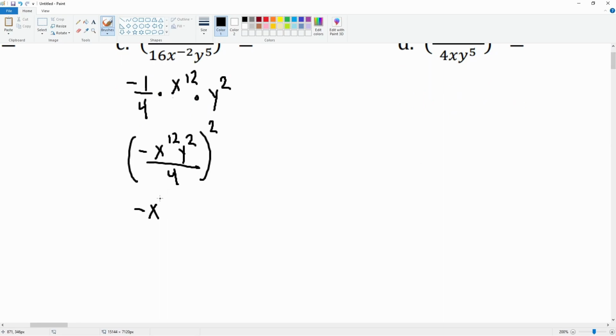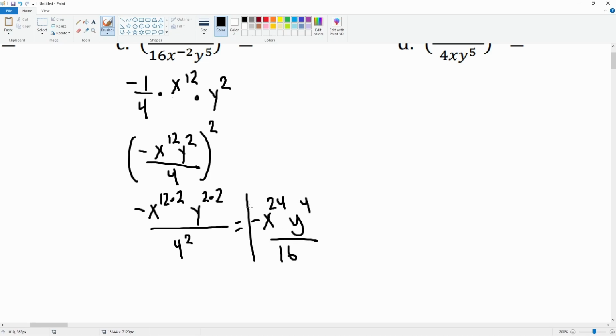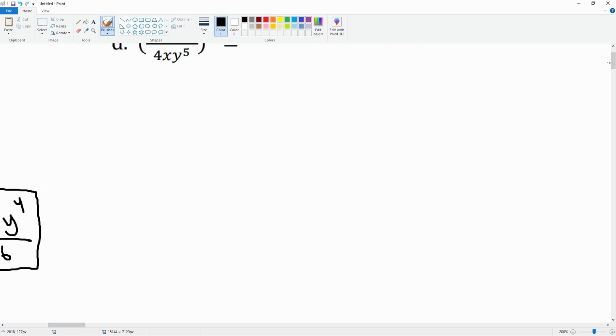Negative x to the 12 times 2, y squared times 2, and the 4 on bottom is also going to be times 2. This gets you negative x to the 24, y to the 4, and then 16 on bottom. That would be it.